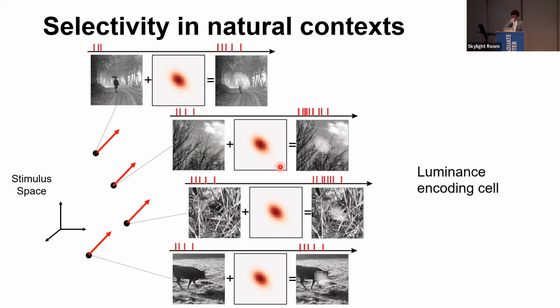And this is what the linear approximation would predict also. There are a lot of these neurons, and we call them luminance encoding cells, because by reading the response of these neurons, you can reliably decode luminance: each time you see them increasing their firing rate, it means that the luminance in the receptive field is increasing.